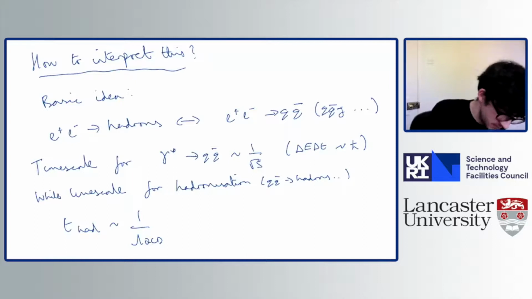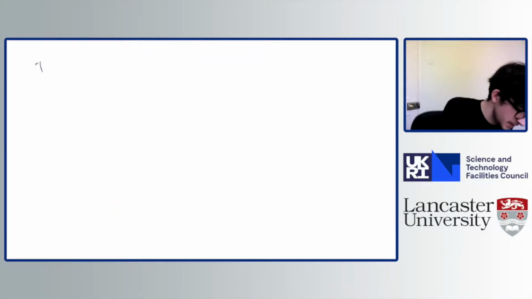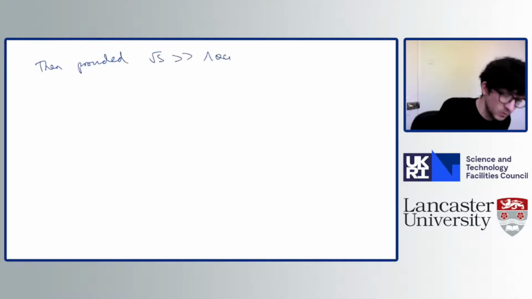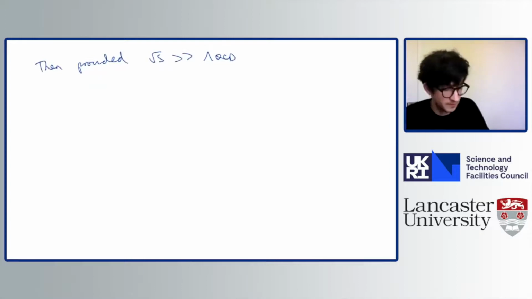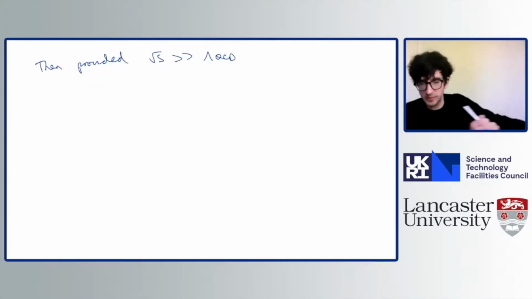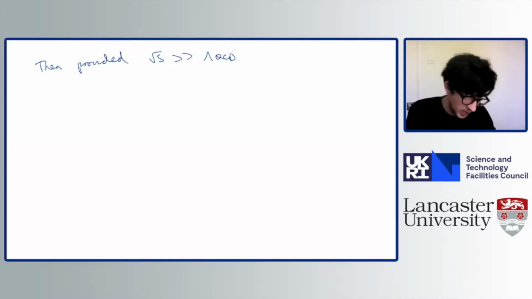So in other words, provided root S is a lot bigger than lambda QCD, which is certainly true, right? If root S is around the proton mass, we're very much in the low energy resonance region. We want to be well above that, and we are.